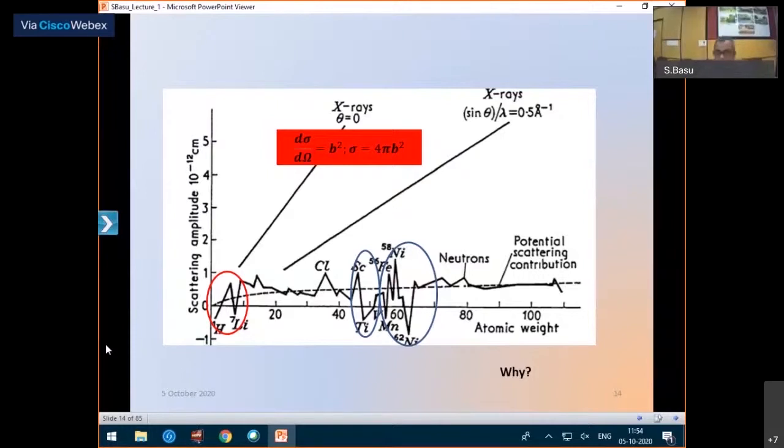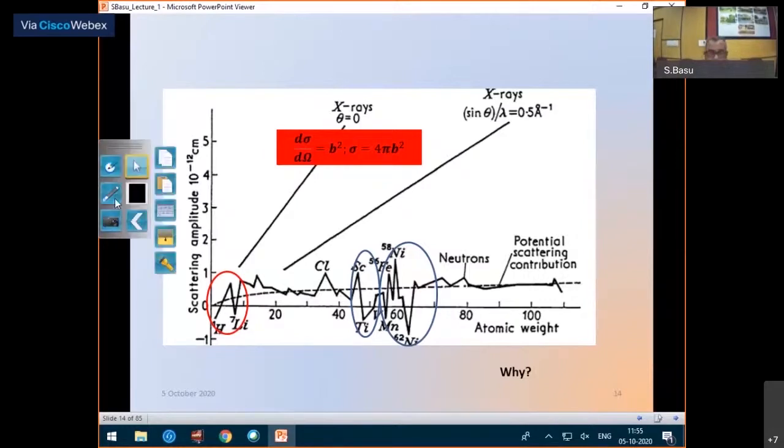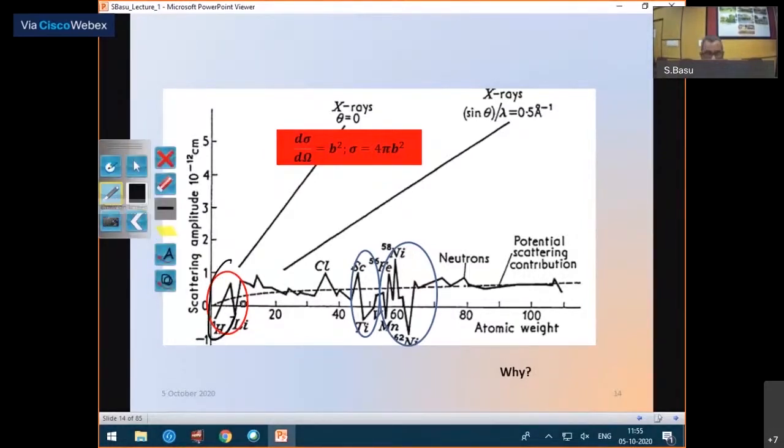Unlike that, because the neutron interacts with the nucleus and the interaction depends on the neutron spin and the nuclear spin, it can vary between two isotopes. And there are contrasts, for example, between hydrogen and deuterium, or between nickel 62 and 60 and titanium, which is negative. So we have materials with negative scattering length, and materials with positive scattering length.